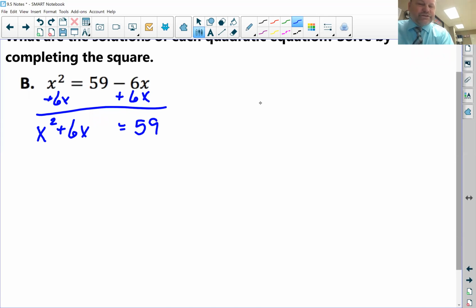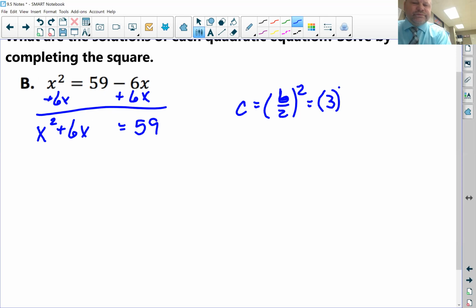Finding our value for C, we would take 6 divided by 2 and square it. 6 divided by 2 is 3. 3 squared is 9, so we're going to add 9 to both sides.